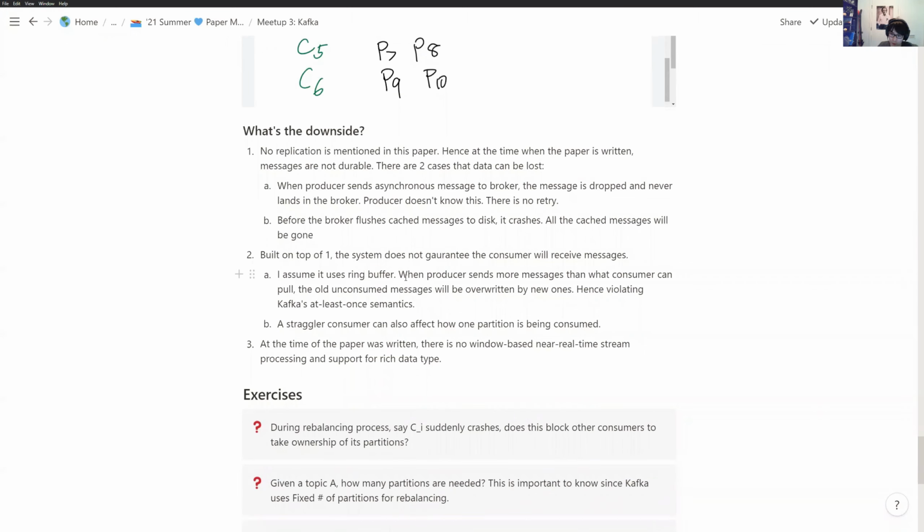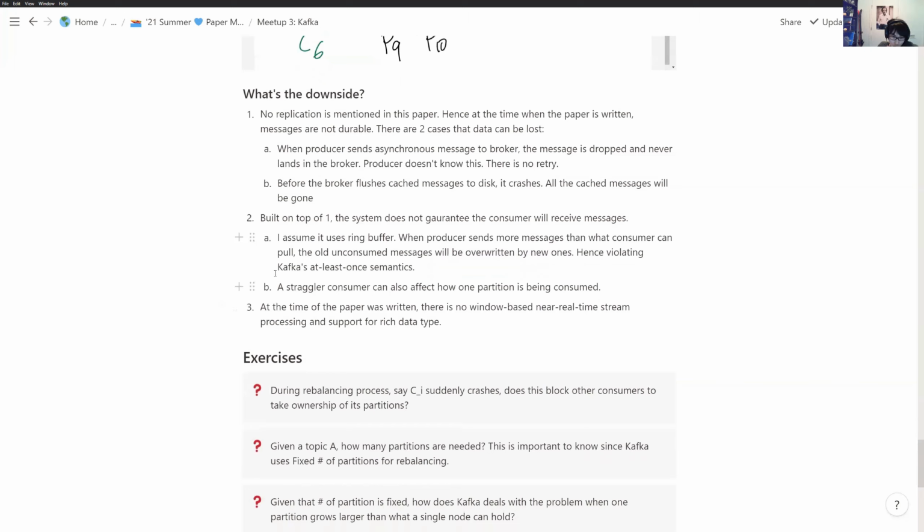So I assume it uses a ring buffer to override the first index once the log reaches maximum. And if it uses a ring buffer, then when the producer sends more messages than what the consumer can pull, the old unconsumed messages will be overwritten by new ones, hence violating the at least once semantics.